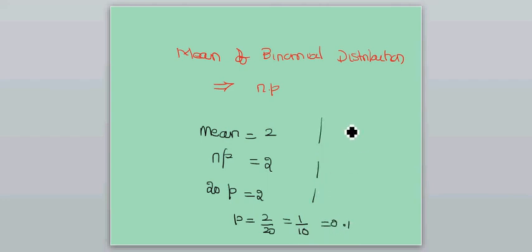Once you get p, the q is nothing but 1 minus p. So 1 minus 0.1, which is 0.9.